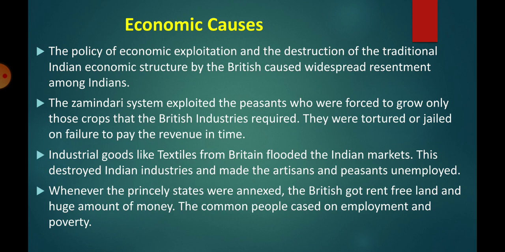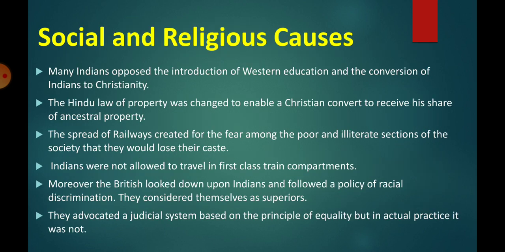Then social and religious cause. The social reforms by the British were considered an interference in the customs and traditions of Hindus. Knowingly, the British interfered in our social and religious affairs. Many Indians opposed the introduction of Western education and the conversion of Indians to Christianity.